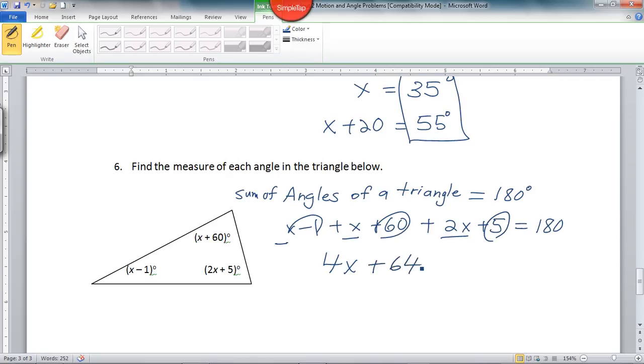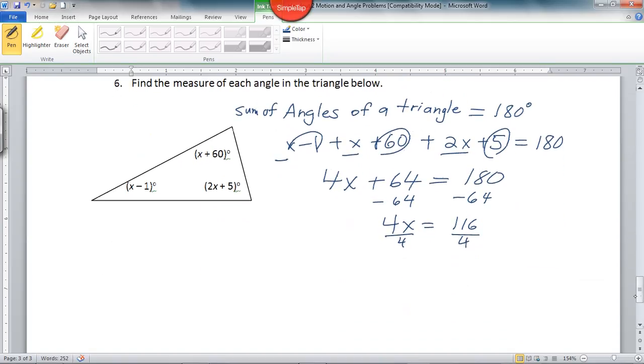Let me combine those constant terms, and that equals 180. Subtract the 64 from both sides, and we get 4x equals 116. Divide off the 4, and we have x equals 29.